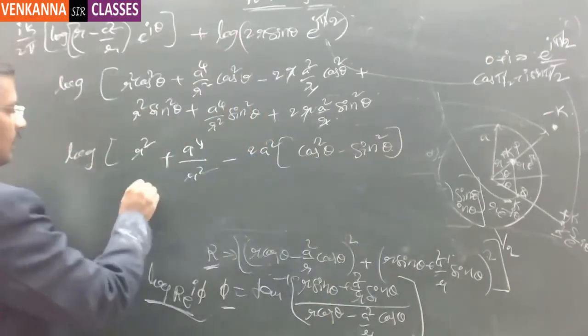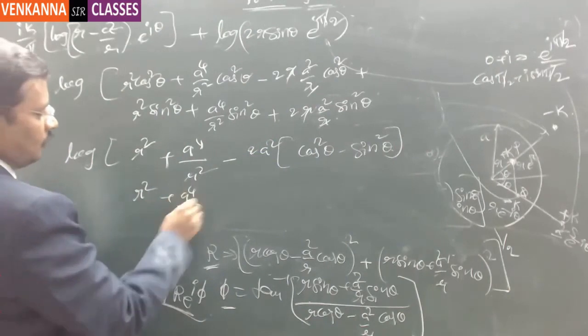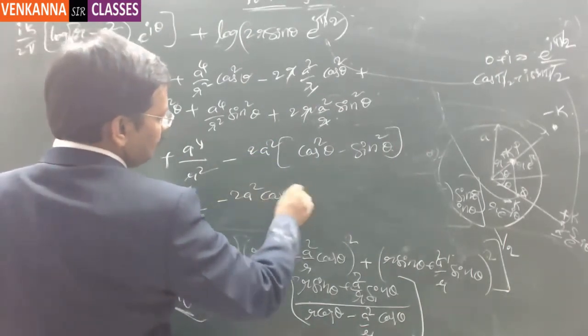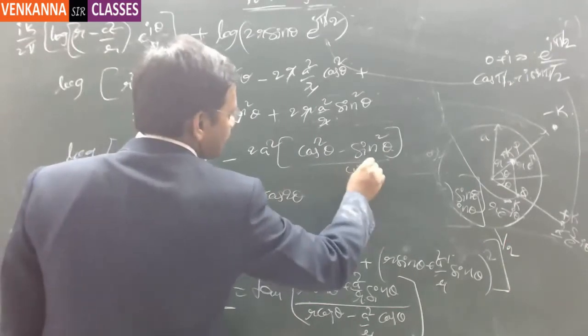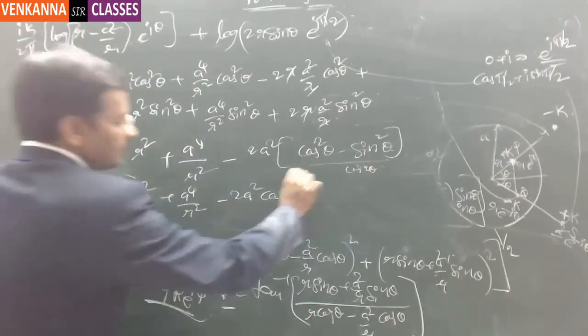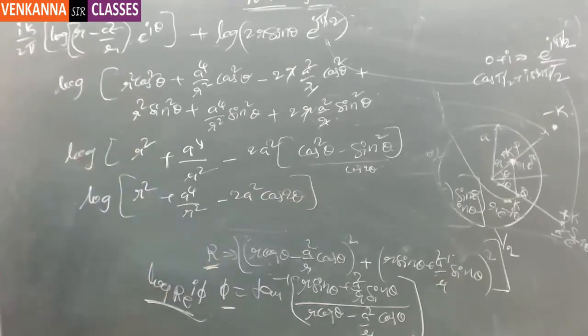So this is r square plus a power 4 by r square minus 2a square cos 2 theta, because this is cos 2 theta. So this is log of. Now you understood? This is how we simplified it.